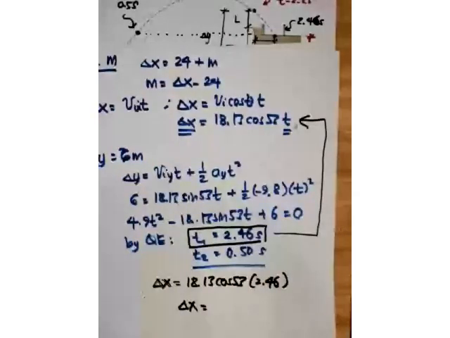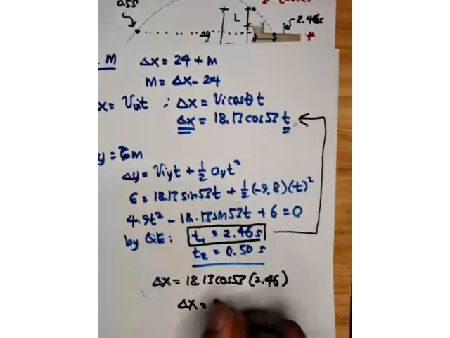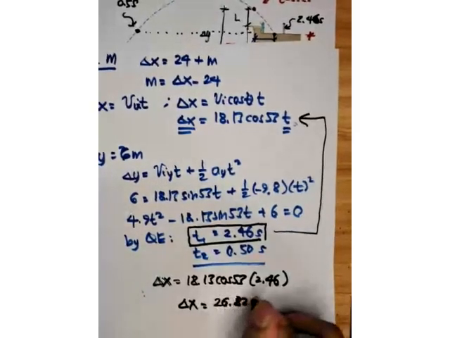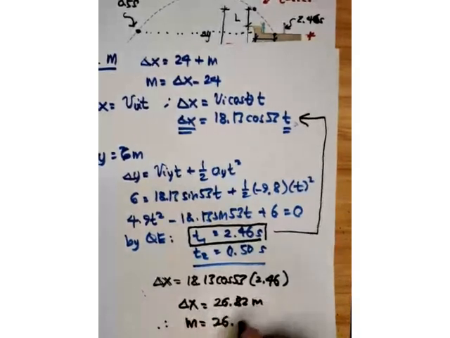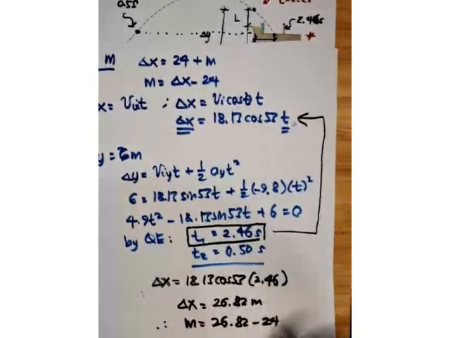Okay. Sige. So, what's the answer? 26.84. 26.84, sir. Okay, 26.84 meters. So therefore, what's m? So m is 26.84 minus 24.